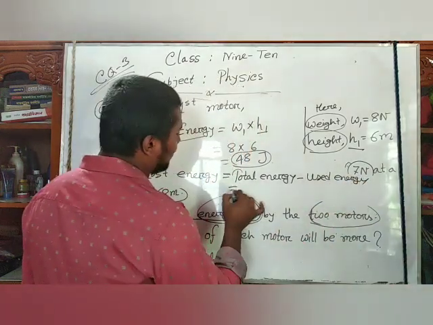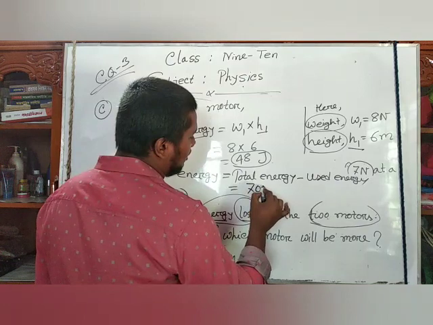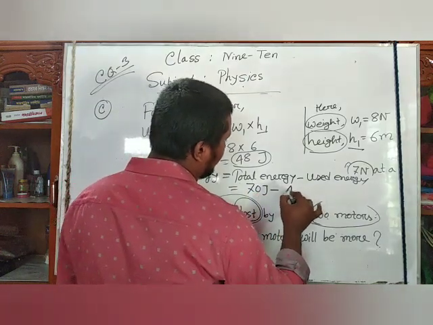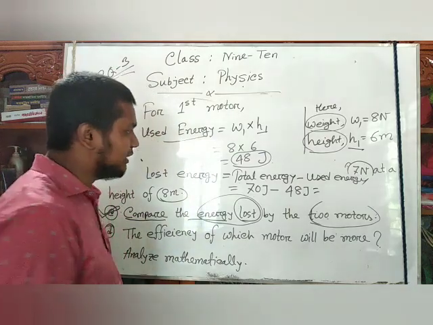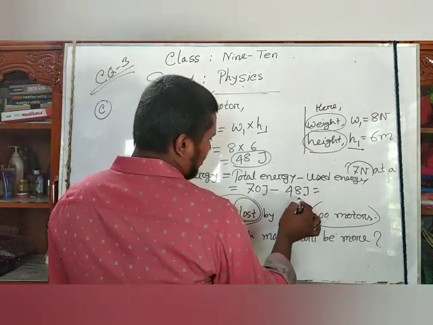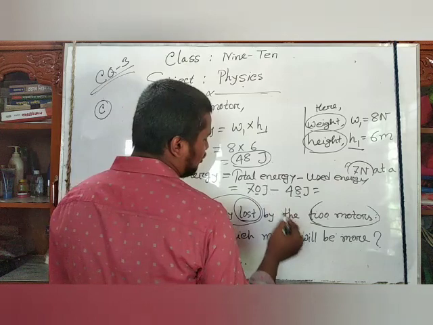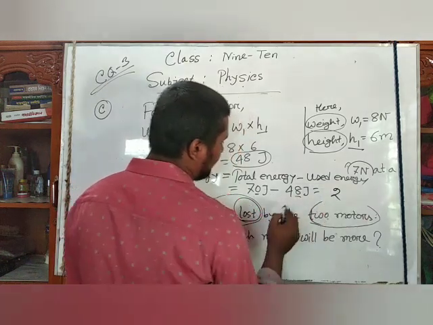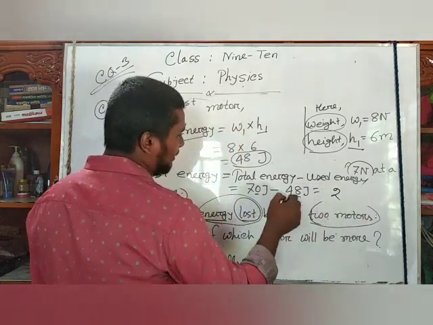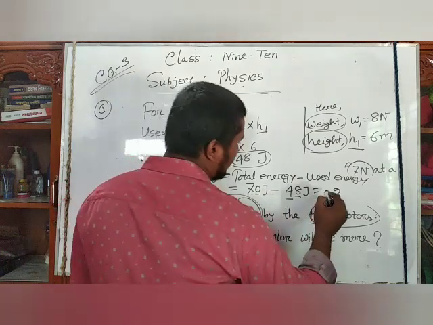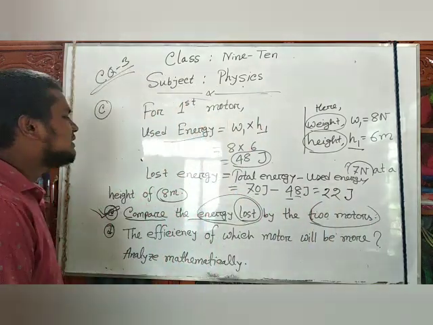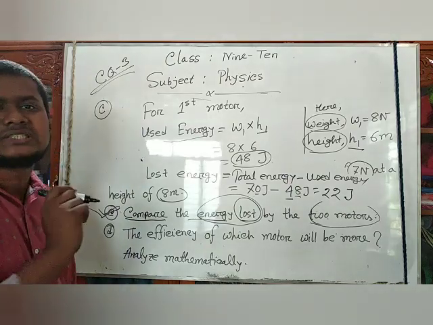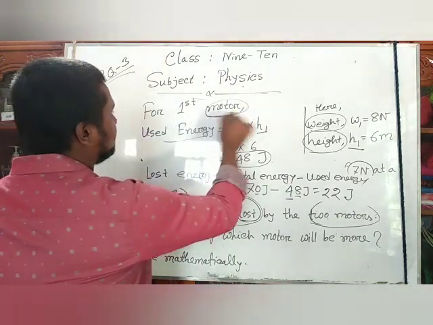So dear students, total energy, that means 70 joule, minus used energy, that means 48 joule. So what do you get, dear students? Please write down carefully. 10 minus 8 we get 2, then 6 minus 4 we get 2, so we get 22 joule, which is the lost energy for the first motor.